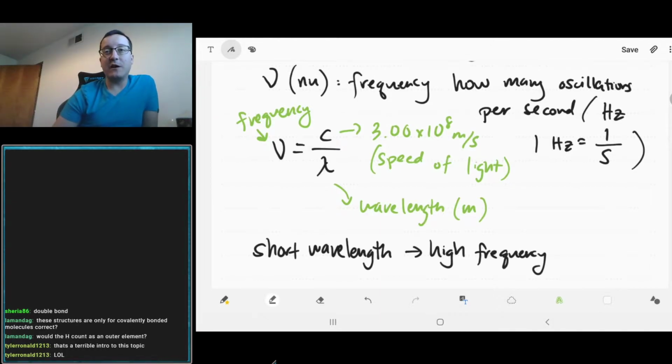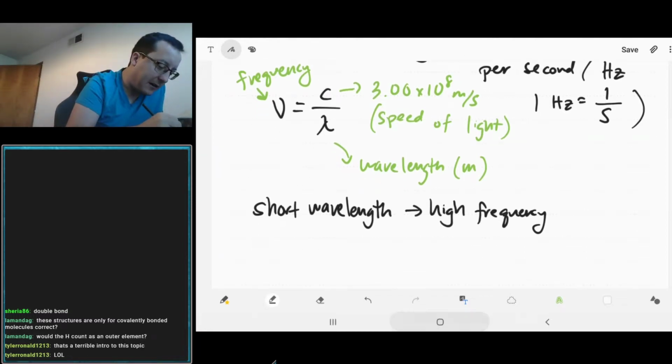All these light waves travel at the same speed, the speed of light. So if you can imagine, if the distance between the top part of your wave is shorter, you're going to be able to hit that point much more frequently by traveling at the speed of light in a given amount of time. You're going to just hit that top part much more often.